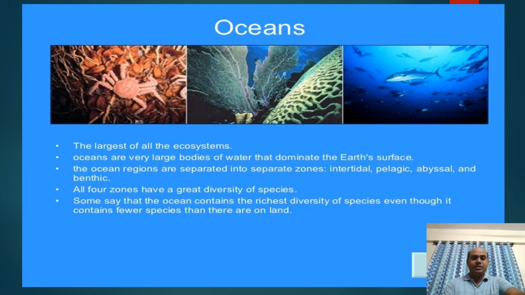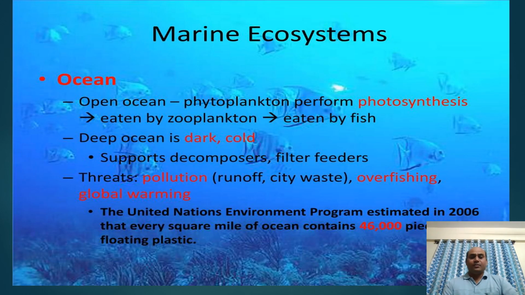All four zones have a great diversity of species, and some say the ocean contains the richest diversity of species, even though it contains fewer species than there are on the land surface.